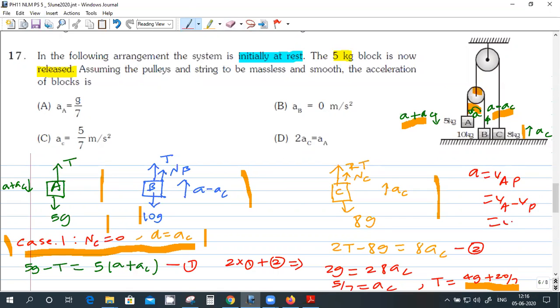So velocity of A is then A plus velocity of pulley, and velocity of pulley is same as velocity of C. So you get acceleration of A as A plus AC. Only with this understanding, you will get this one, where A is the acceleration of the block A with respect to the pulley P. This is the pulley P.